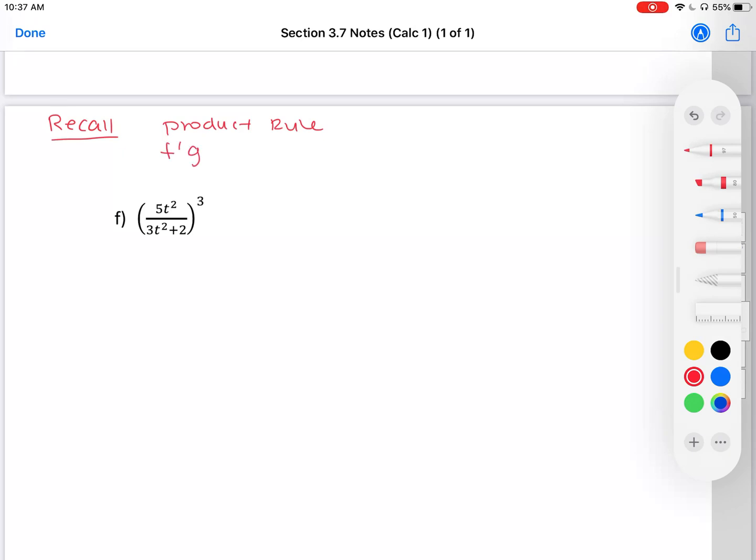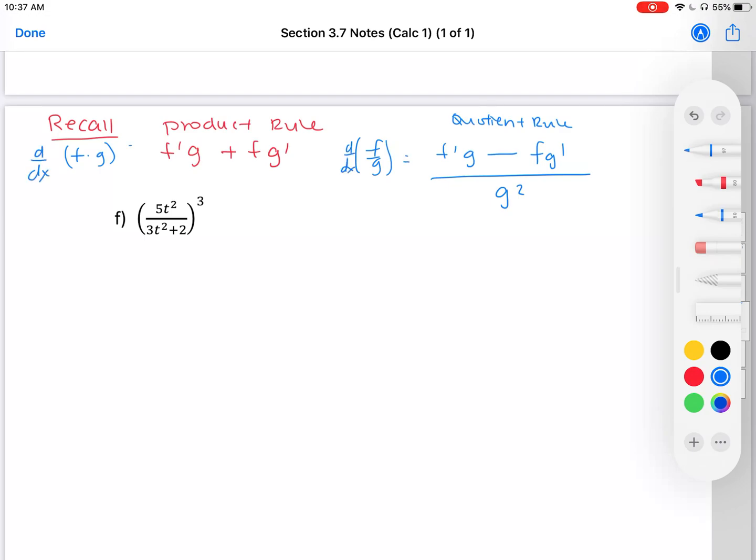So it's f prime times g plus f times g prime. We also have the quotient rule, which is f prime g minus f g prime, divided by g squared. Those are those special derivatives, right? When I have f times g and when I have f divided by g. That's how you find those derivatives. And I'm just recalling them because you will see them.